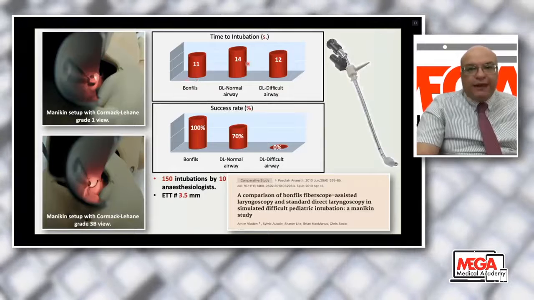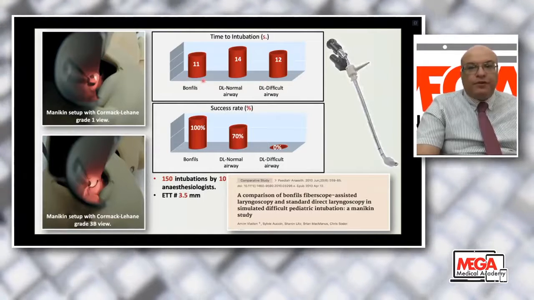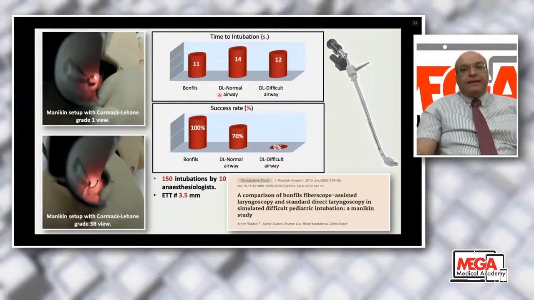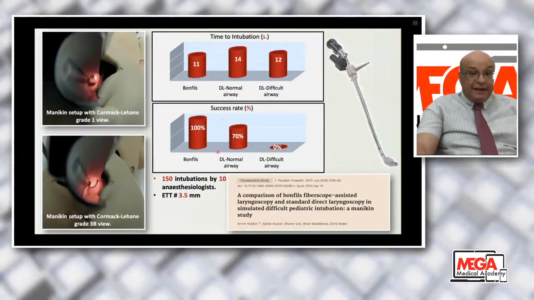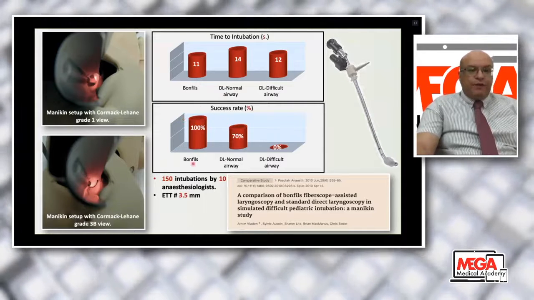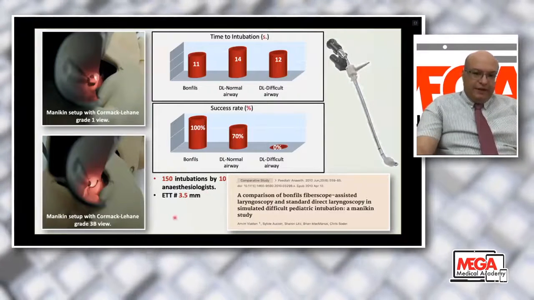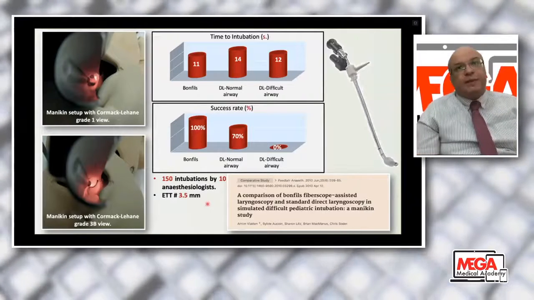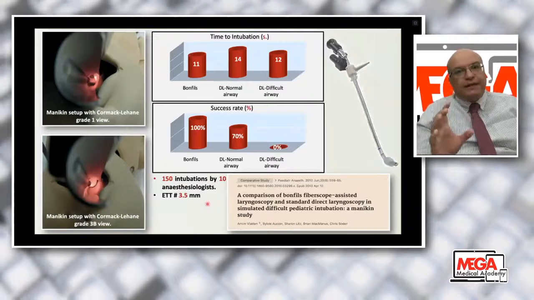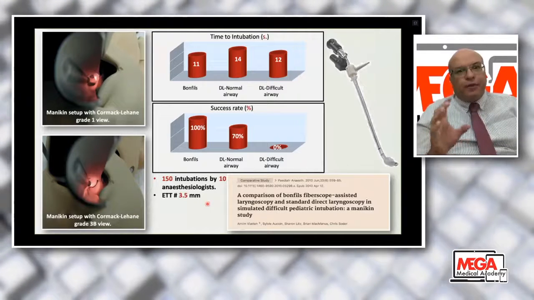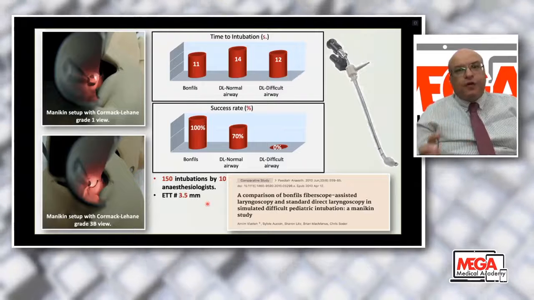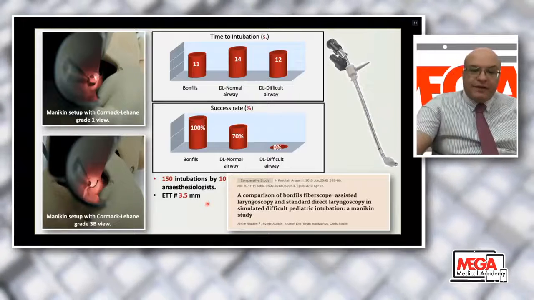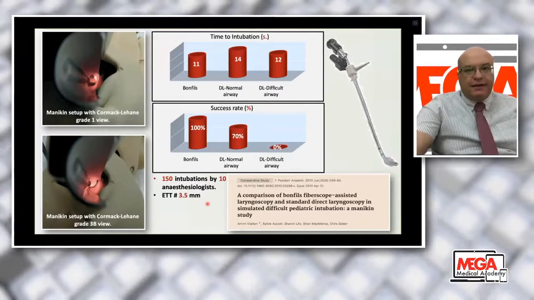You can see Bonfils had comparable time to intubation with direct laryngoscopy during normal and simulated difficult airway. However, success rate is 100% with Bonfils. This is a study including 150 intubations by 10 anesthesiologists using a tube size 3.5. You have to keep in mind the size of the tube is one of the most important independent factors which can determine the success rate for intubation.